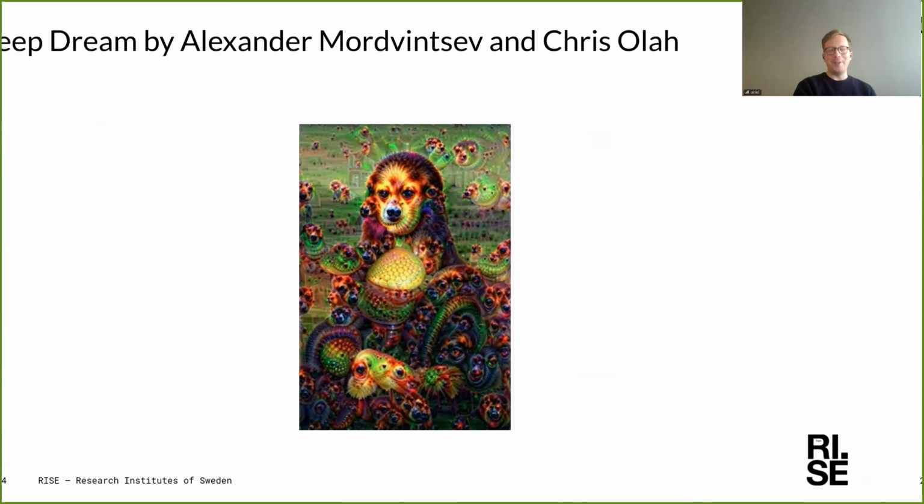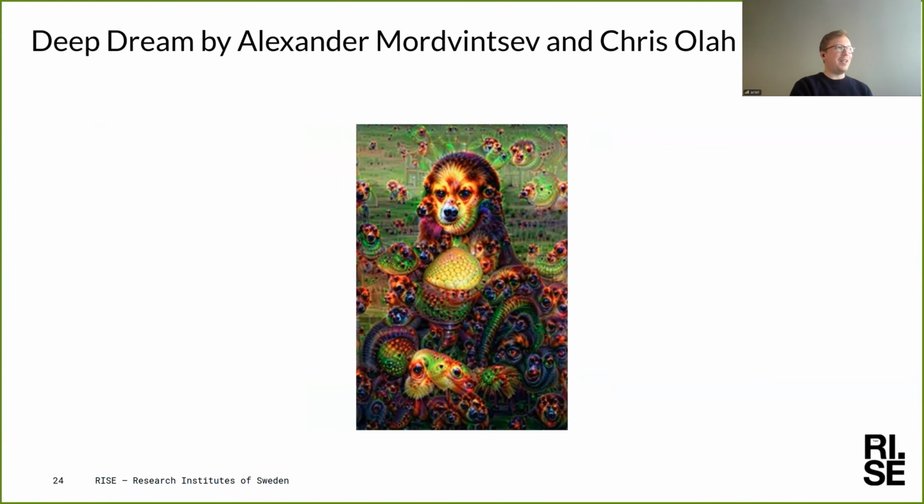To the rescue, we have deep dreaming that was invented a couple of years ago, and a lot of work by a guy at Google, or maybe he's at OpenAI now, actually. He used to work at Google. Chris Olah has done a lot of work on feature visualization.